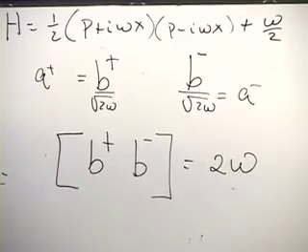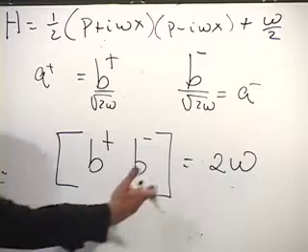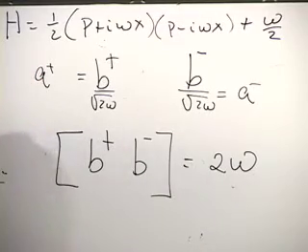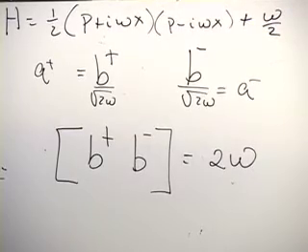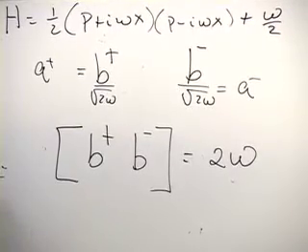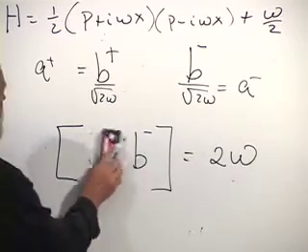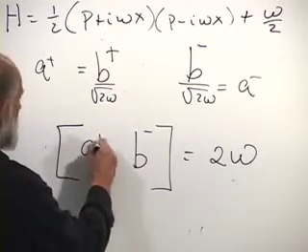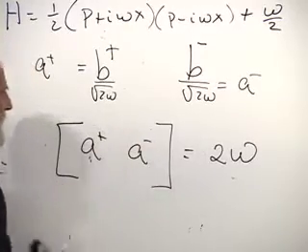Then what's the commutator of a plus with a minus? 1. All I did was divide this out so that the commutator would be 1. It's a nice convention, as we'll see, but it's just a convention.